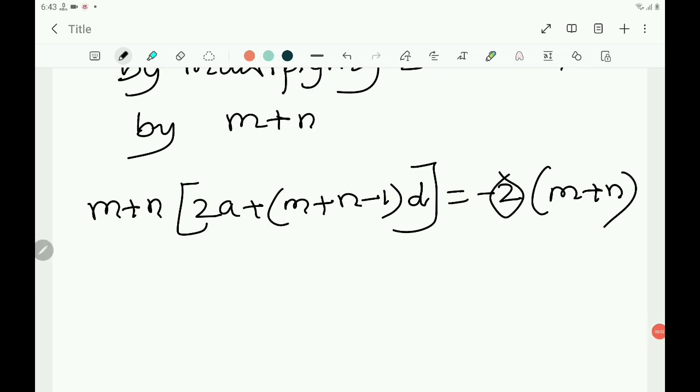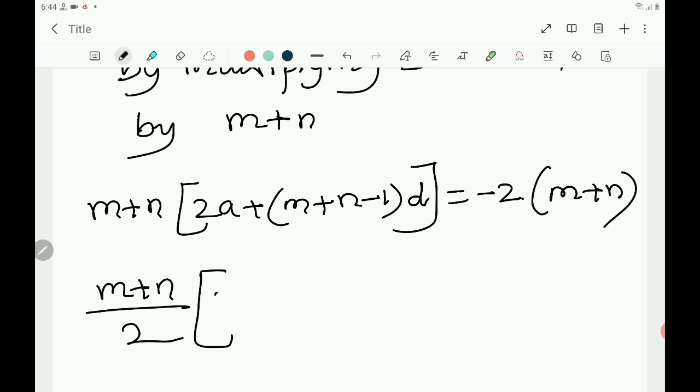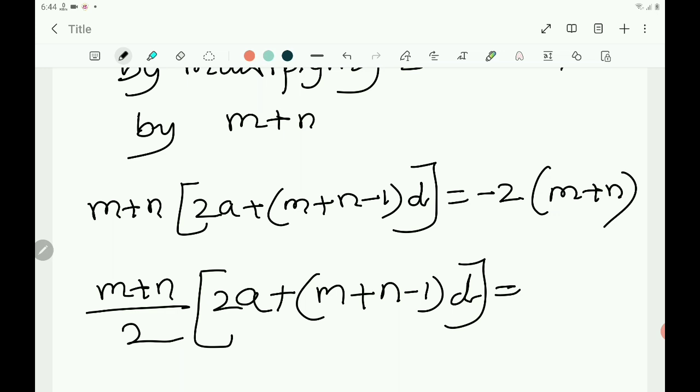Transfer this 2 to the RHS. That becomes m plus n by 2 into 2a plus m plus n minus 1 into d equals minus 1, 2 and 2 cancel on the RHS.